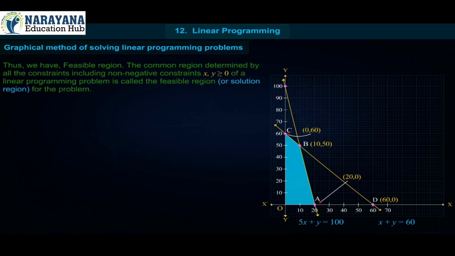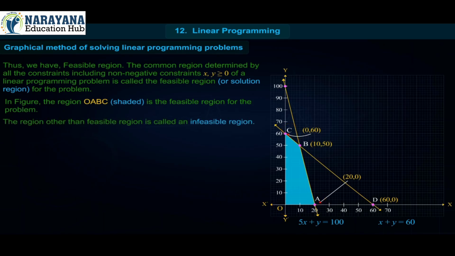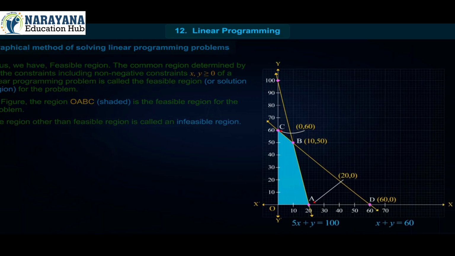Thus, we have the feasible region: the common region determined by all the constraints, including the non-negative constraints x, y ≥ 0 of a linear programming problem, is called the feasible region or solution region for the problem. In the figure, the region OABC, which is shaded, is the feasible region for the problem. The region other than the feasible region is called an infeasible region.